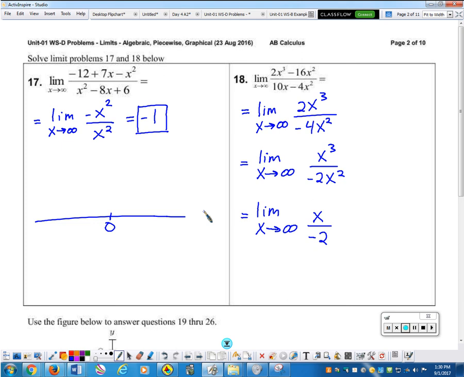In this case, what I think is I'm plugging in a very large value, dividing by 2, so I know it's growing to infinity. However, positive divided by negative is negative, so it grows to negative infinity. That's how I would think through 18. Questions? Perfect.